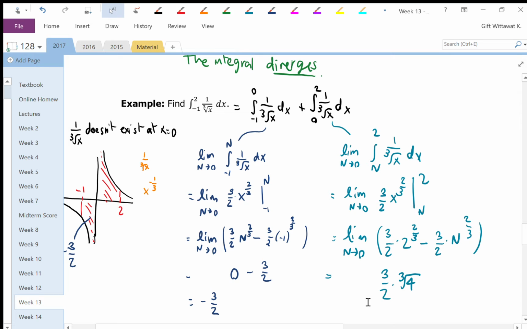So that's my second piece: 3/2 times the third root of 4. That means this entire integral is equal to the sum of the two, which is negative 3/2 plus 3/2 times the third root of 4, and that's it.